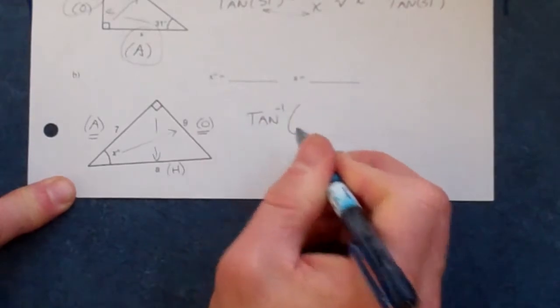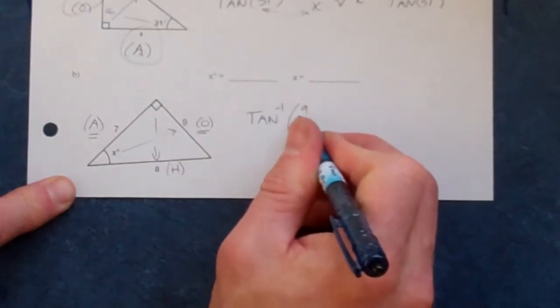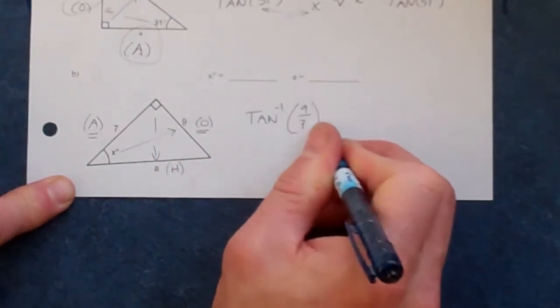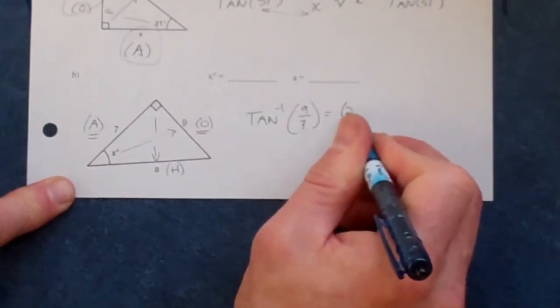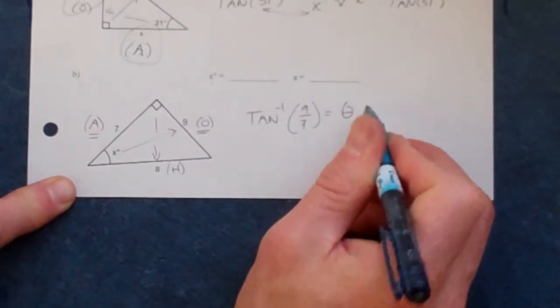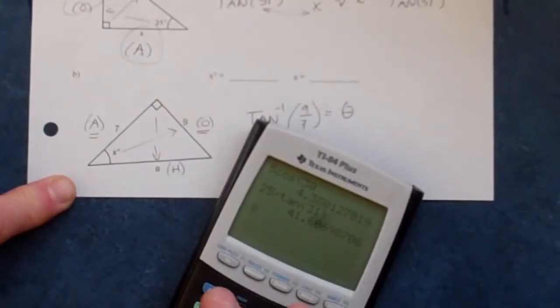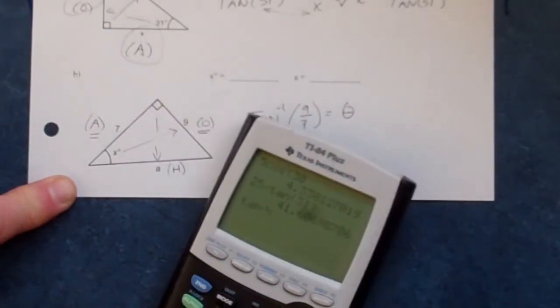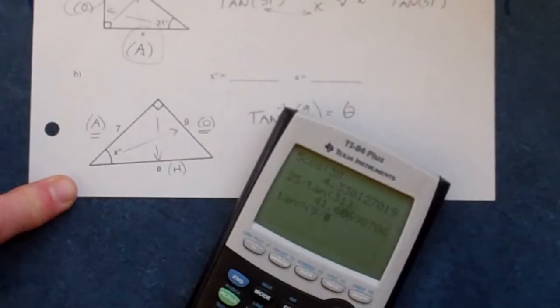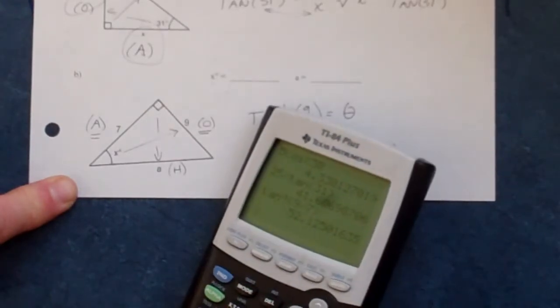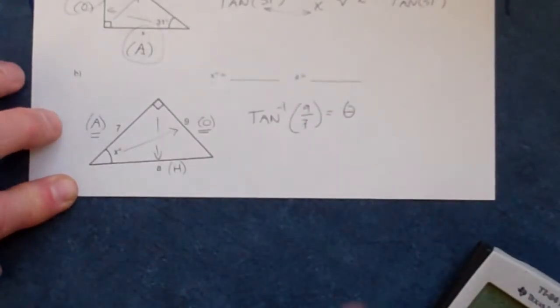Tan to the minus 1 of 9 over 7 is going to be equal to my angle theta, or x in this case, x degrees. And so I do second tangent, and 9 divided by 7, and I get 52.1 degrees.